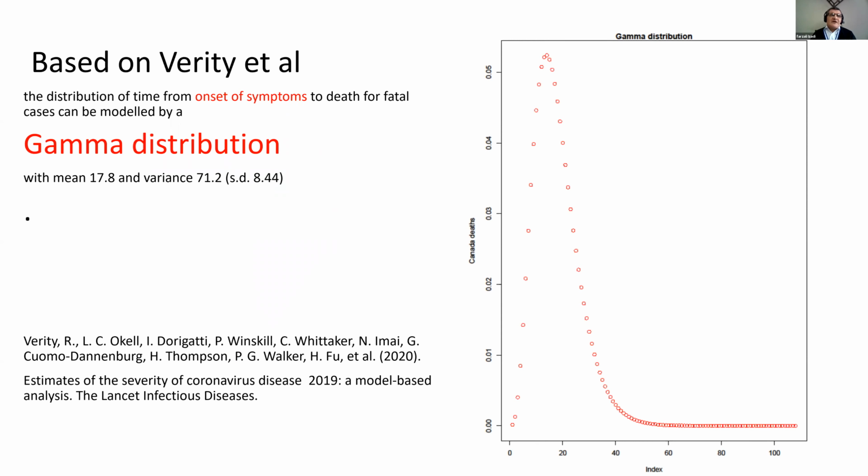Based on a very recent paper by Verity et al., the distribution of the time from onset of symptoms to death for fatal cases can be modeled by a gamma distribution with mean 17.8 and variance of, I think, 7, it should be a mistake, 7.12, or the standard deviation of, no, probably 71.2, the standard deviation of 8.44.